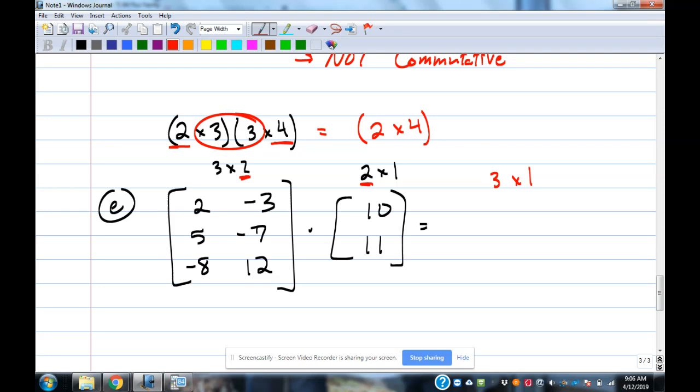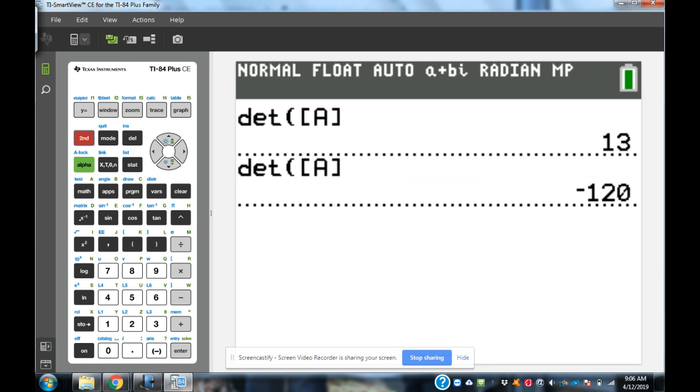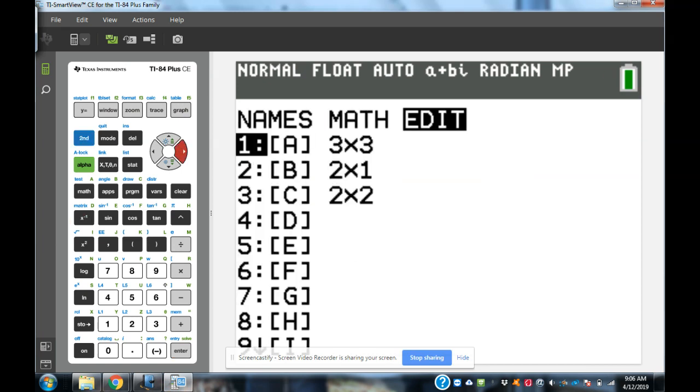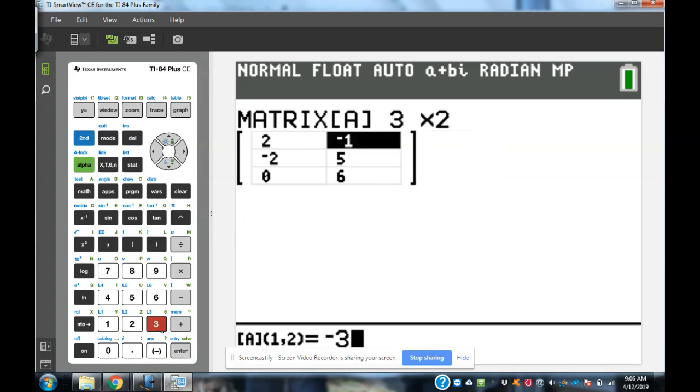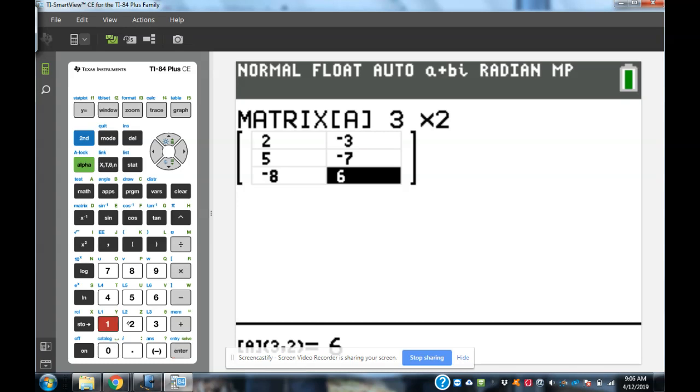But I don't expect you to do matrix multiplication by hand. I am absolutely fine with you doing this on a calculator. So I would go second matrix, go over to edit, use matrix A, and put in that 3 by 2, and get 2, -3, 5, -7, -8, 12. All right.